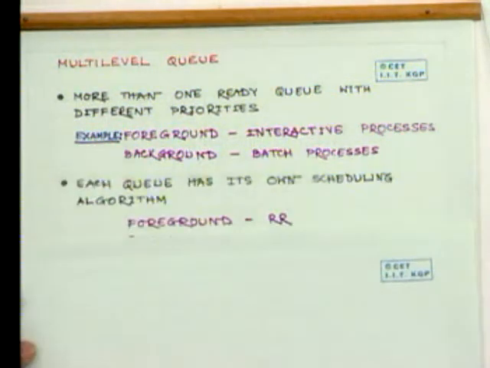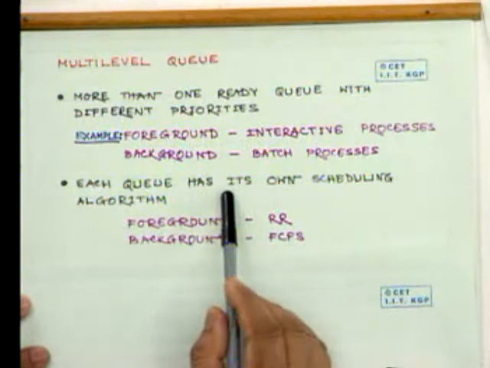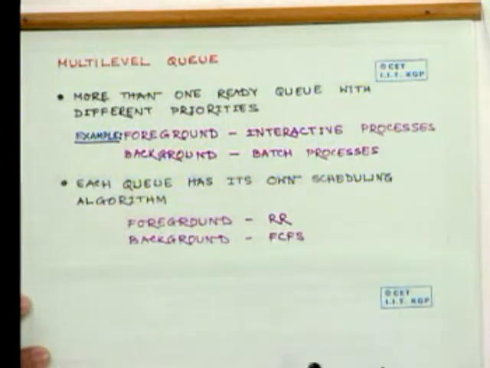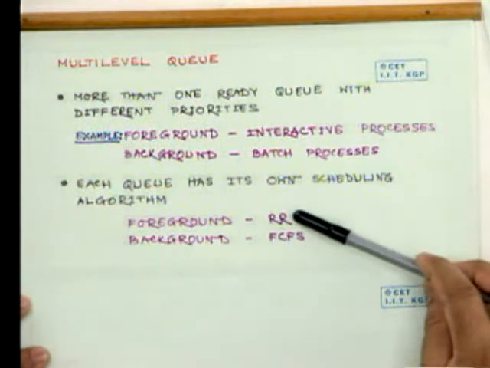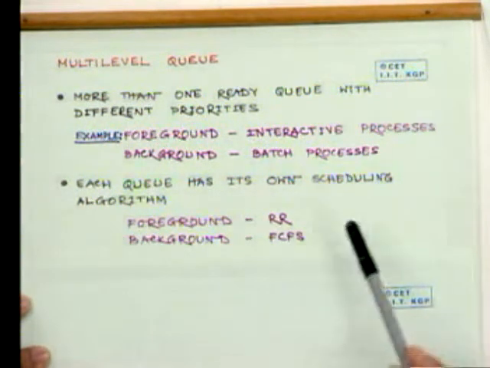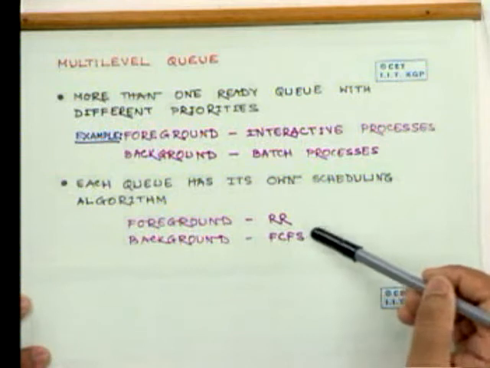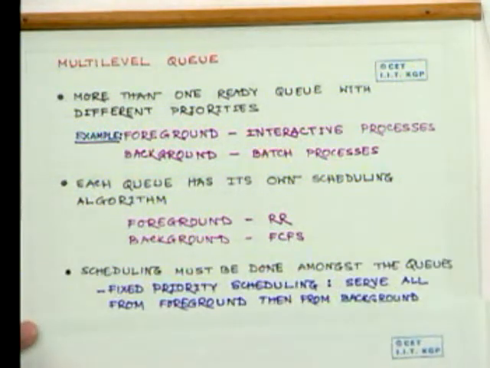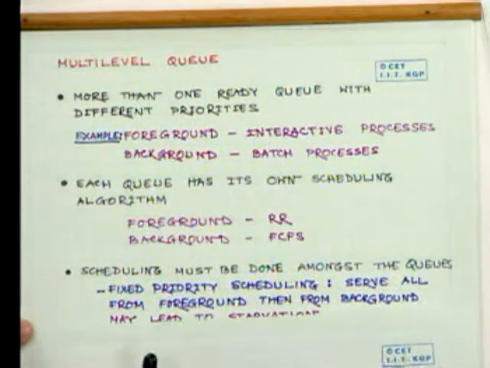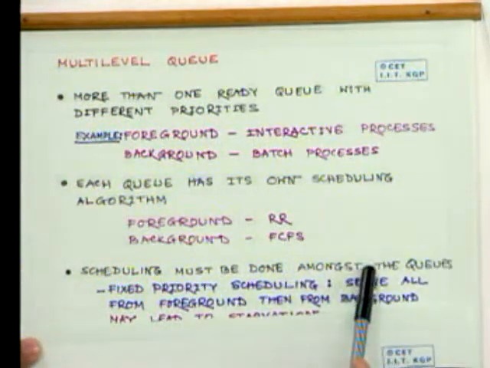Now each queue may have its own scheduling algorithm. For example, the foreground queue may run round robin, and on the background queue the algorithm may be first come, first served. Now, the scheduling must be done amongst the queues also.